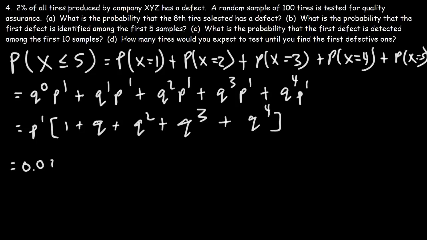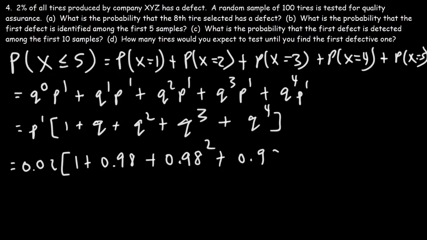So it's 0.02 times 1 plus 0.98, and then plus 0.98 squared, and then plus 0.98 to the 3rd power, and then plus 0.98 to the 4th power. Go ahead and plug this in your calculator.